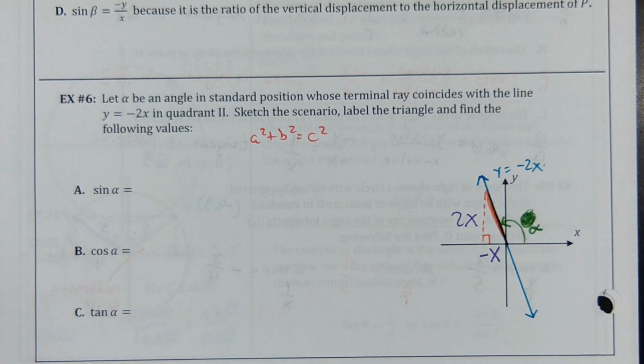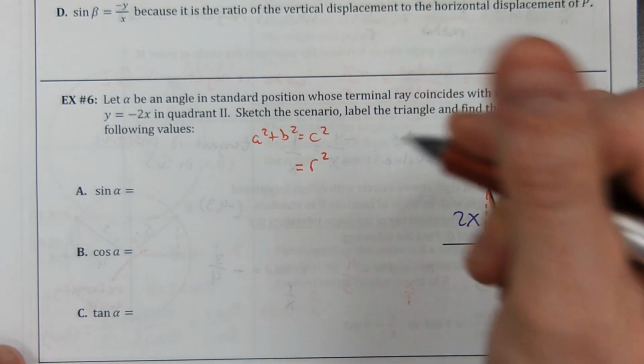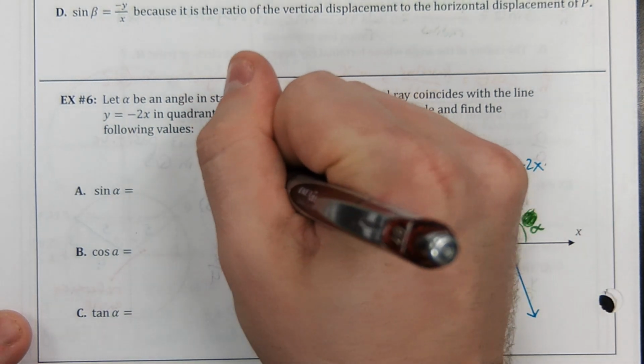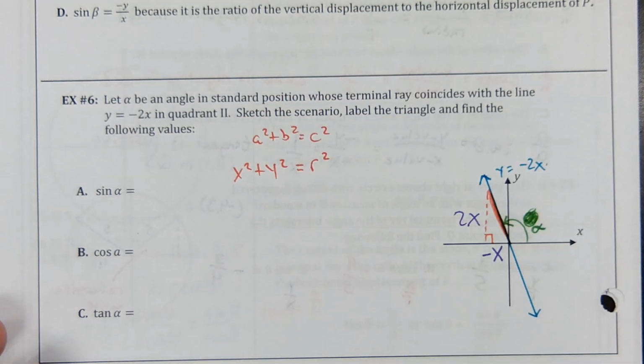But we don't say hypotenuse, do we? We're going to say radius. And instead of a and b, why don't we say x and y? By the way, x squared plus y squared equals r squared is the equation of a circle that is centered at the origin. You would have learned that in Geometry Honors a couple years ago.